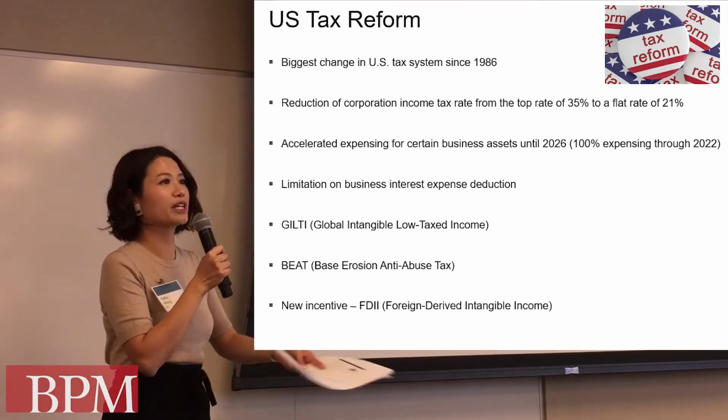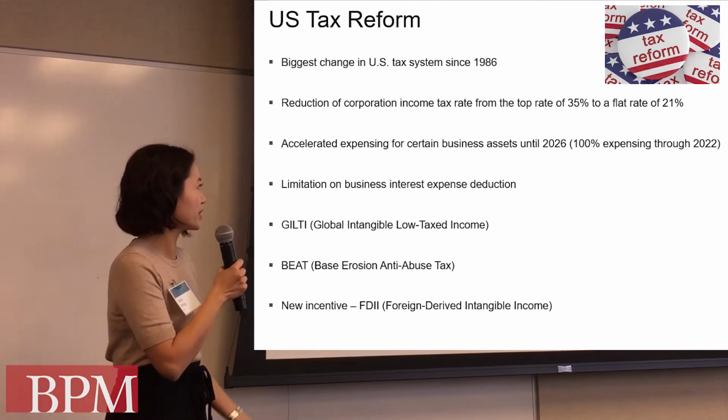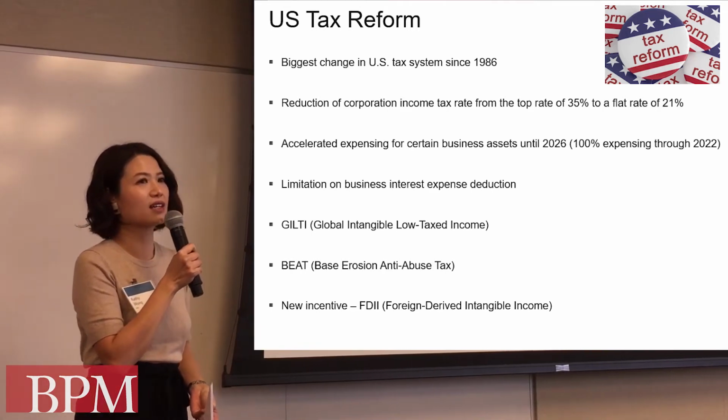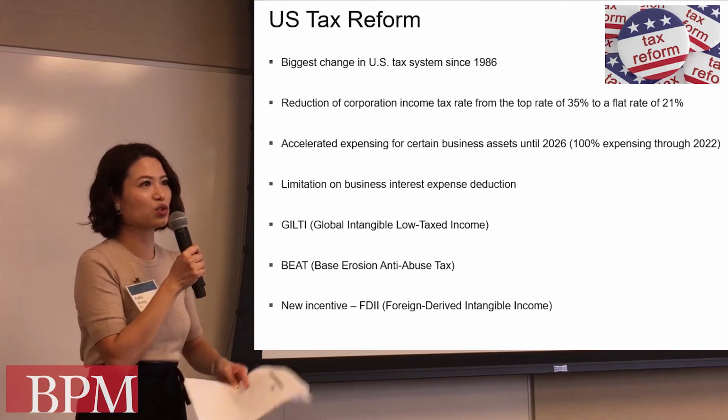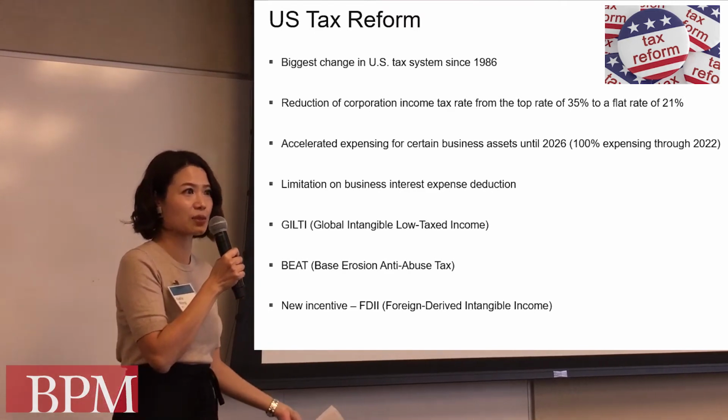So it applies to the bigger companies. Not all the clients are subject to that, but that's a new tax relating to payments to a foreign subsidiary that give you a reduction in the US tax base.